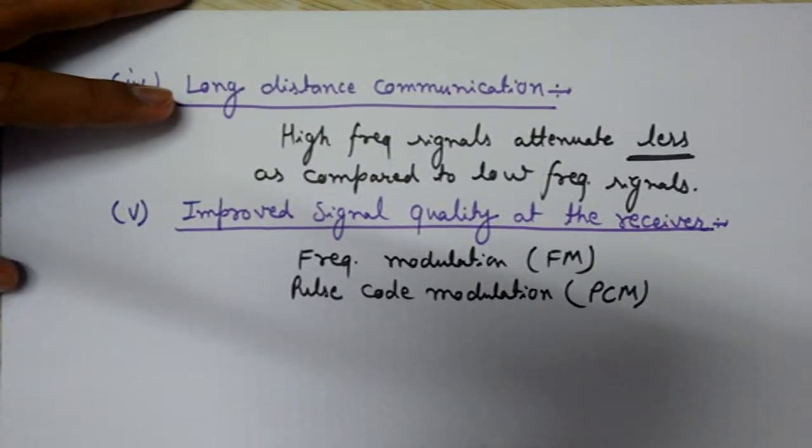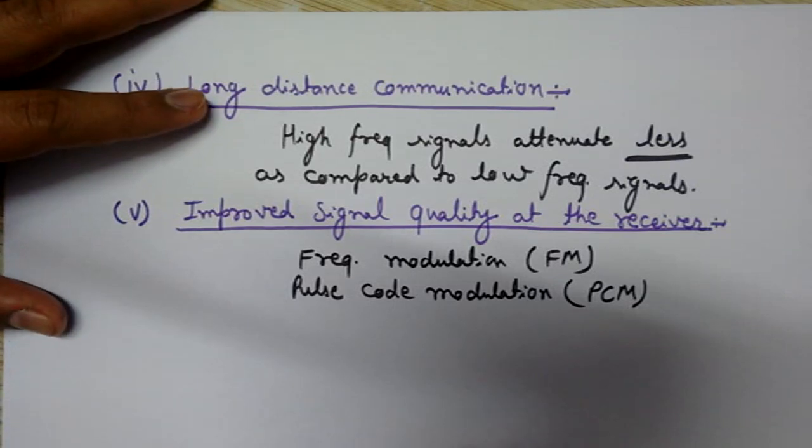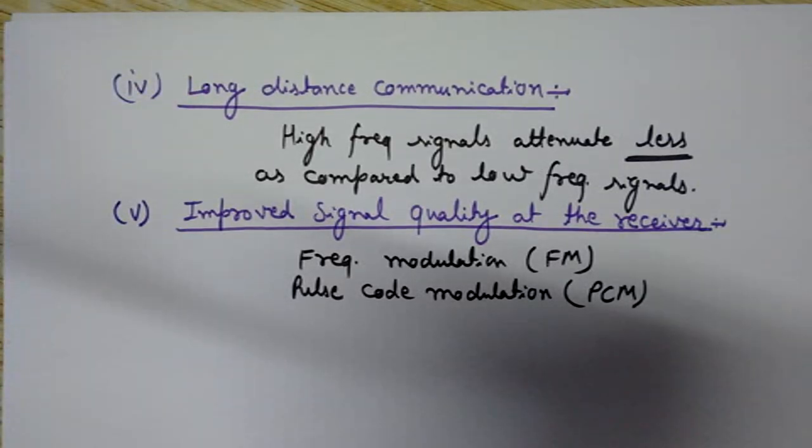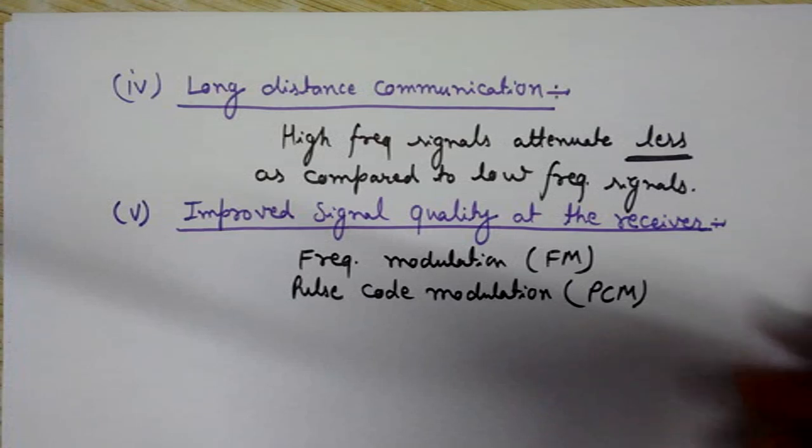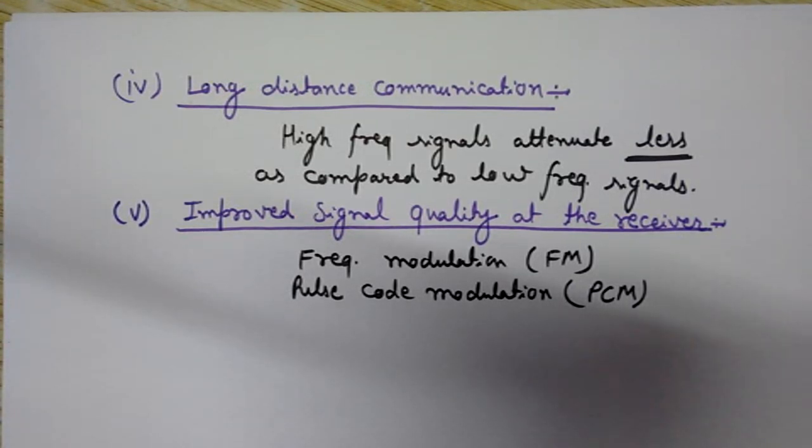These are very important techniques which help in the reduction of noise. Okay, so as the noise is eliminated or reduced to great extent by using these techniques, and there may be some others also, the improved signal quality is obtained at the receiving end. So these were the advantages of using modulation process for the transmission of signals.